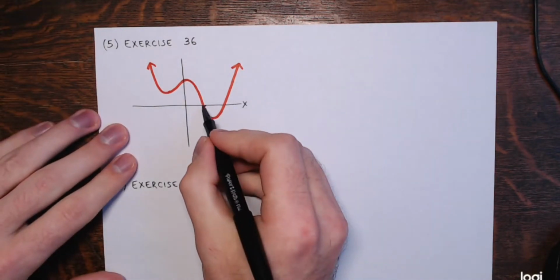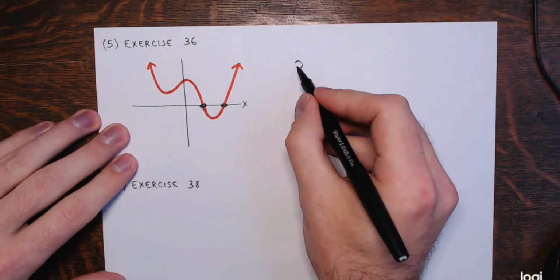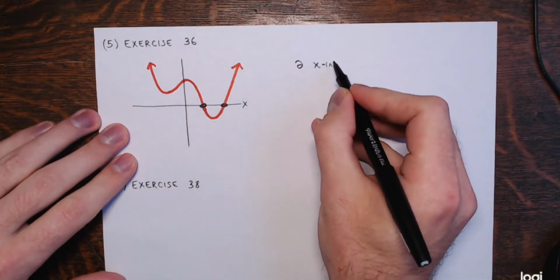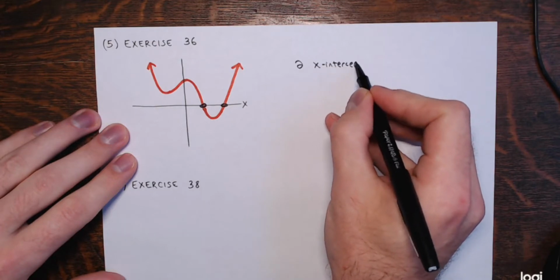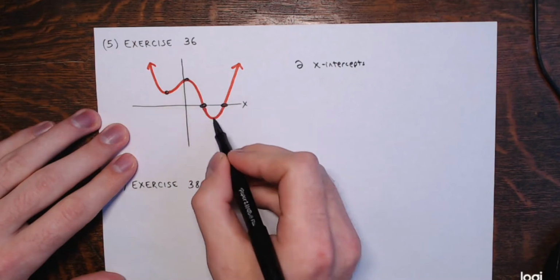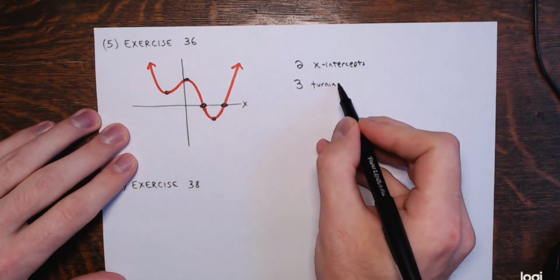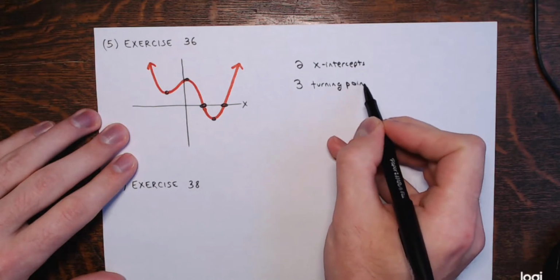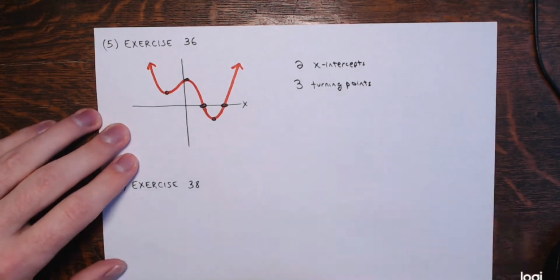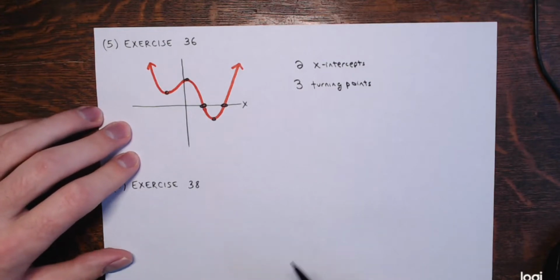Now notice there are 2 x-intercepts, but there are 1, 2, 3 turning points. What you're going to be using is the higher of the 2 numbers that you're finding to help you determine what the minimal degree is.